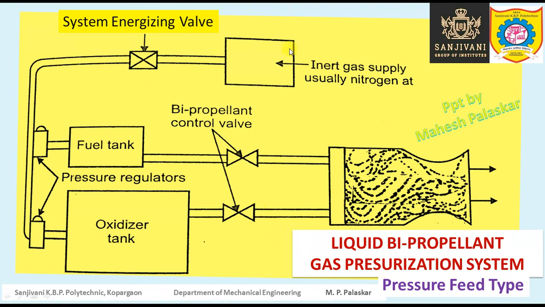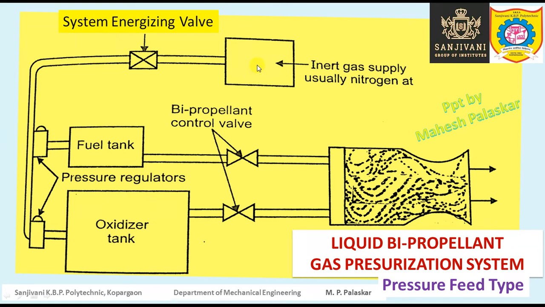In order to create the pressure inside the system, the inert gas is stored in this particular tank. So this is the inert gas supply, usually nitrogen, and it is at a higher pressure, and this gas is allowed to enter here in this particular system, maybe the fuel tank and the oxidizer tank.